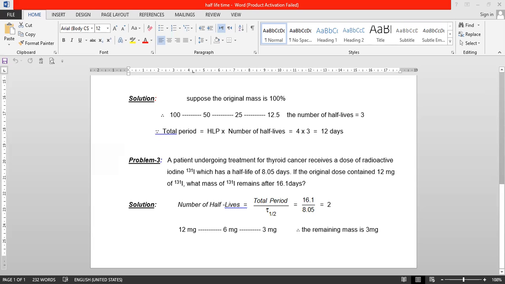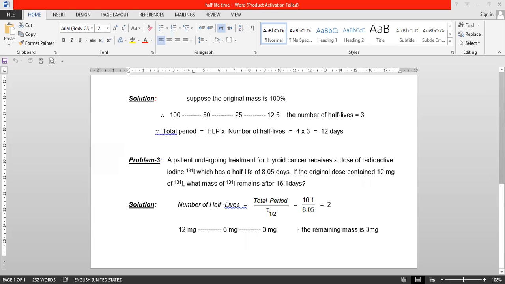The second way of transmutation reaction is by bombarding the nucleus with a projectile. What does this mean? Bombarding means hitting. I take a stable nucleus and I hit its nucleus with a projectile.